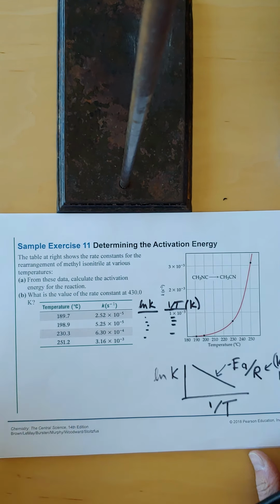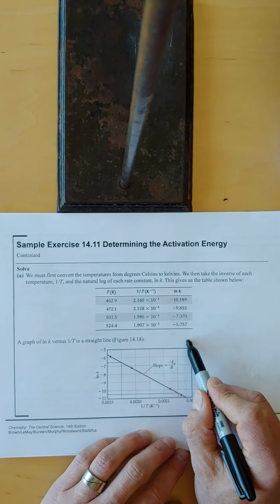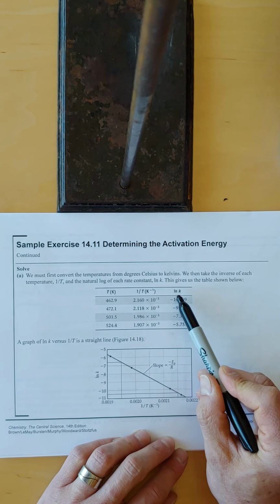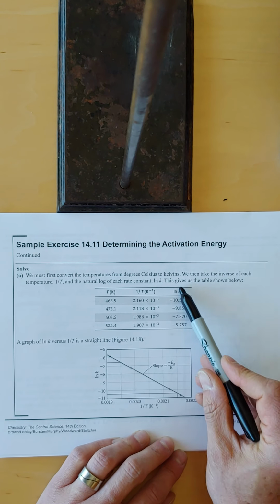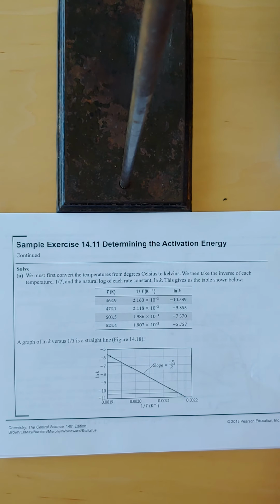And I don't have a lovely image of my graph, but actually, yes, I do. You can see there's my lovely image of my graph where I've plotted 1 over the temperature in Kelvin, and I've got the log of K. So here's my log of K, here's my 1 over temperature.